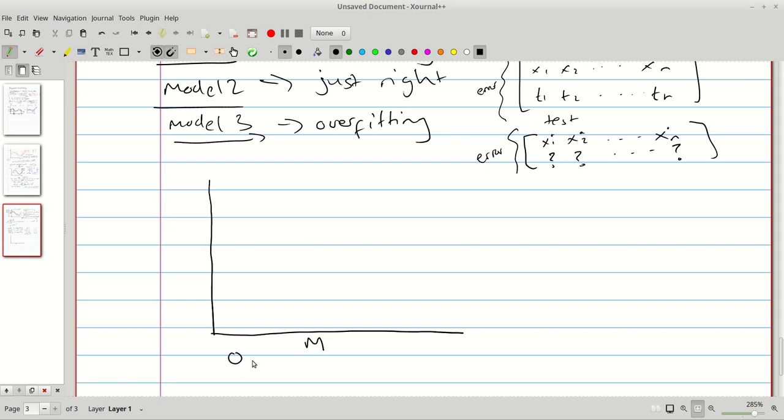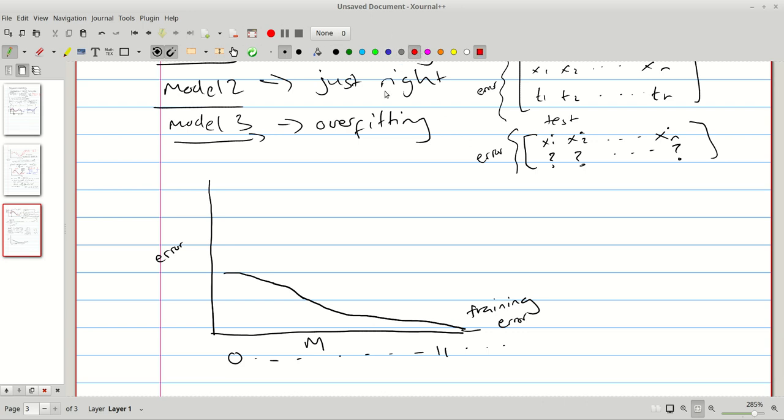Here m can be 0, and it can go all the way up to 11, or some value. As we make our model more complicated, this is the error, right? The error on our training set keeps going down. It will keep going down until it's perfect. This is the training error.